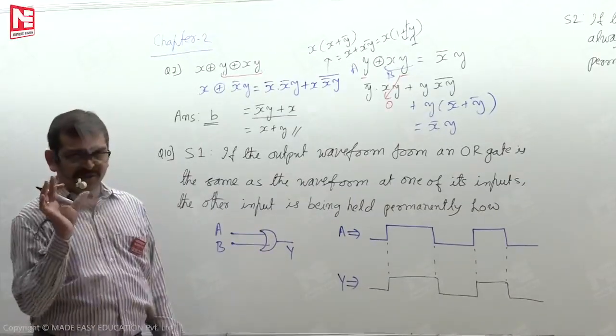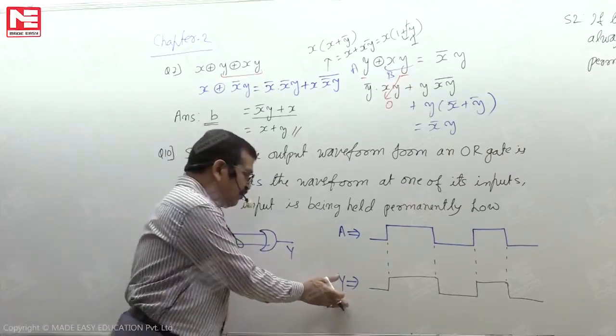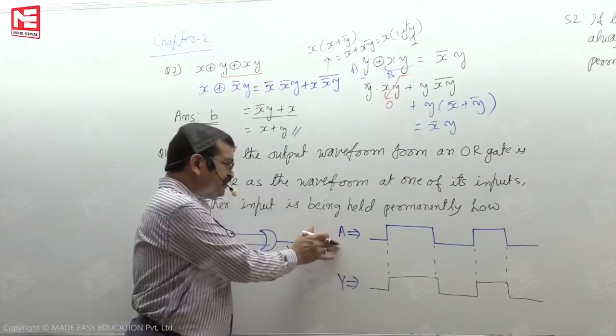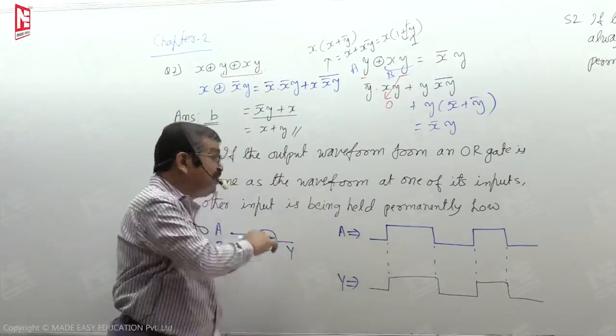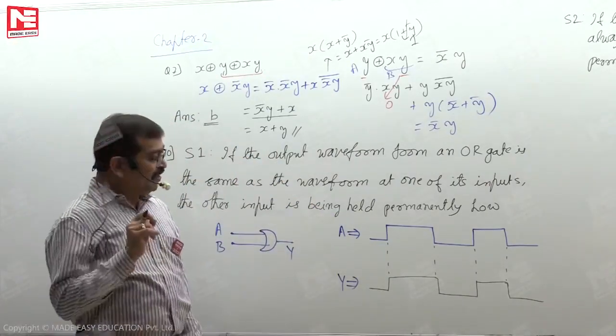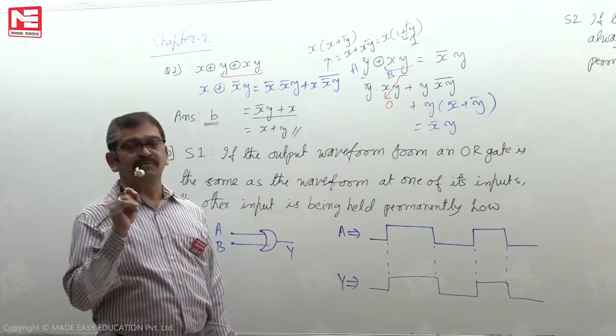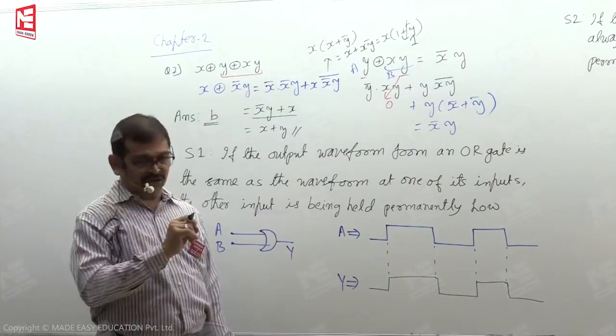So the output Y is possible to read same as input A if and only if the other input is permanently held to logic 0.